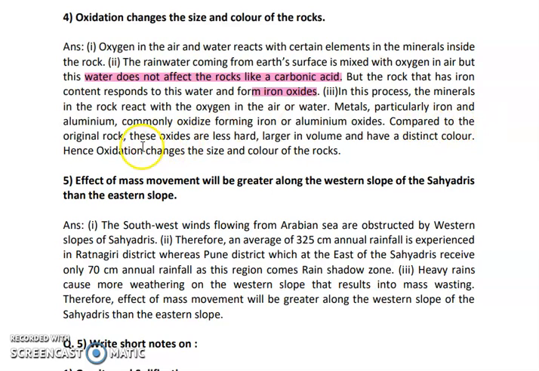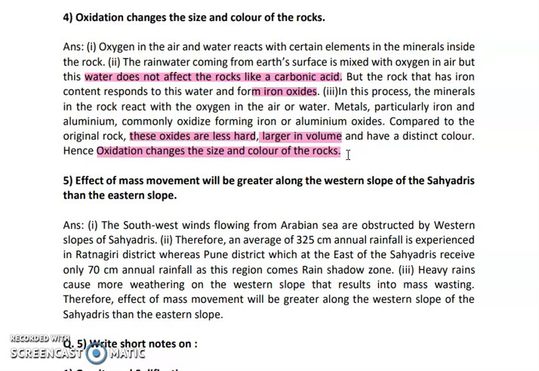Now compared to the original rock, you can see these oxides are less hard. Okay, they can easily get broken down into small particles. Okay, and their volume is very large. Okay, a layer comes on that particular iron surface. So because of that, oxidation changes the size and color of the rock.